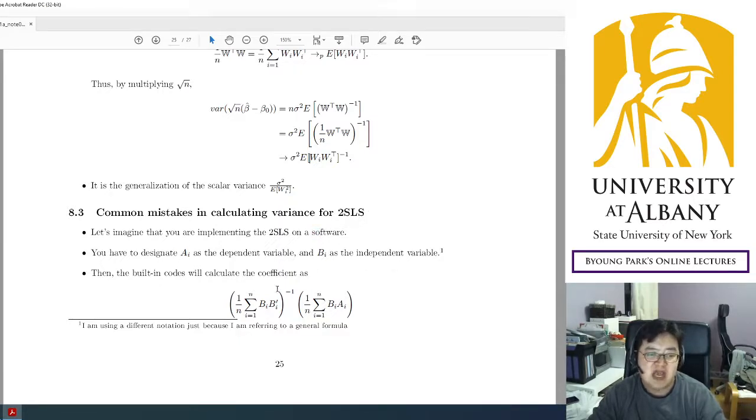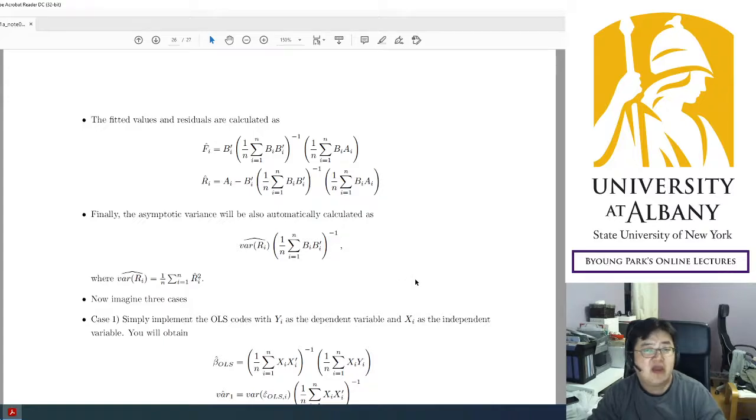Dependent variable is A and independent variable is B. When you type regress A on B in Stata, Excel, MATLAB, or whatever program you have, the program returns this OLS estimator, B prime inverse, B A.